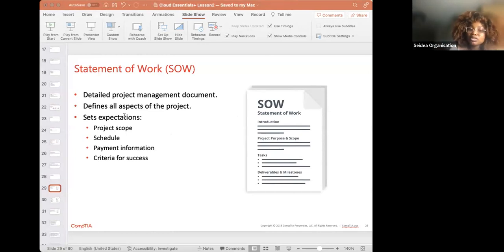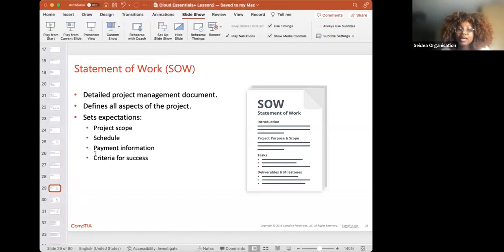Your project purpose and scope deals with the primary goal and extent of the project. Then you have your location, which deals with where the work will be executed. Then you have your tasks, which deal with the specific activities that need to be performed. Then you have your deliverables, milestones, and schedules, which deal with your tangible outcomes, your significant phases, and your timeline.